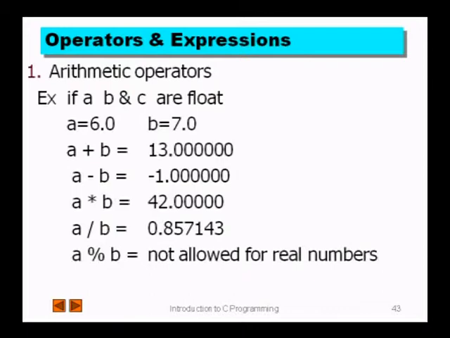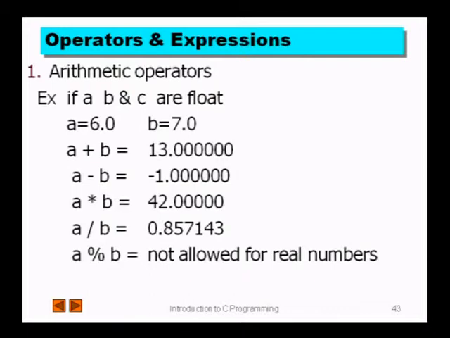As we have declared the data type as float, you will have 6 digits after the decimal point.